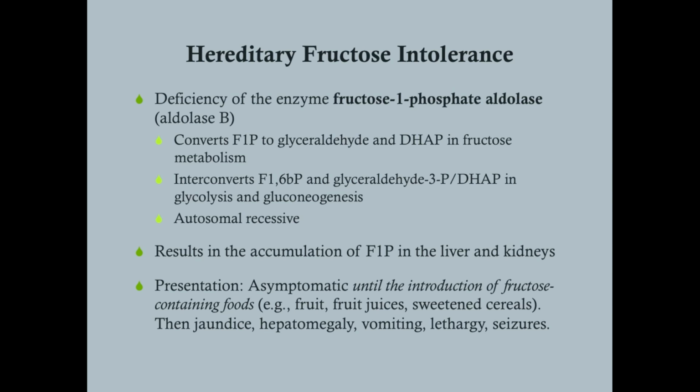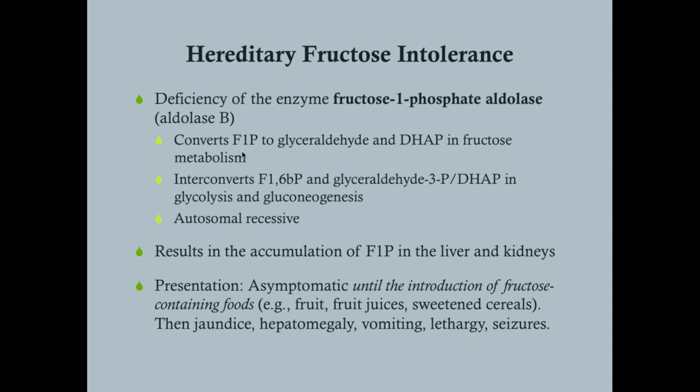Now this stands in stark contrast to hereditary fructose intolerance. These are two very different disorders. Essential fructosuria, no symptoms. Hereditary fructose intolerance, lots and lots of symptoms. So this is a deficiency of the enzyme fructose 1-phosphate aldolase, commonly known as aldolase B. And this plays two very important roles.